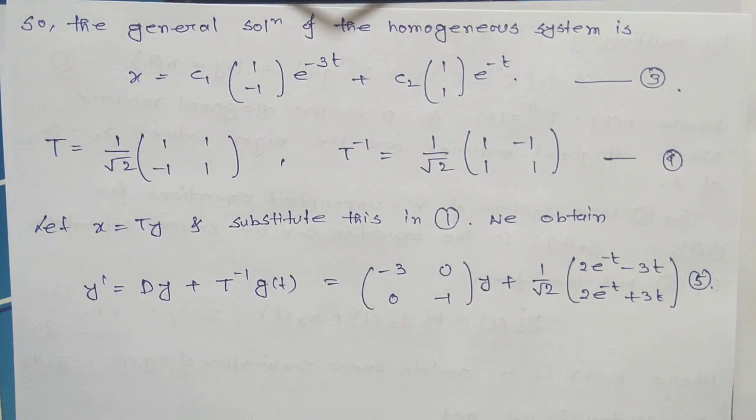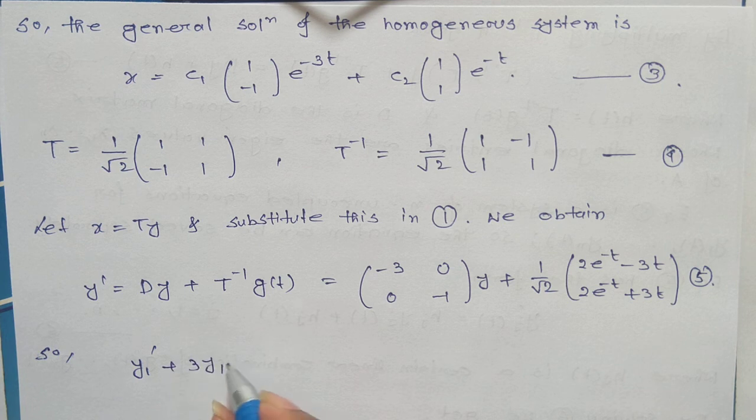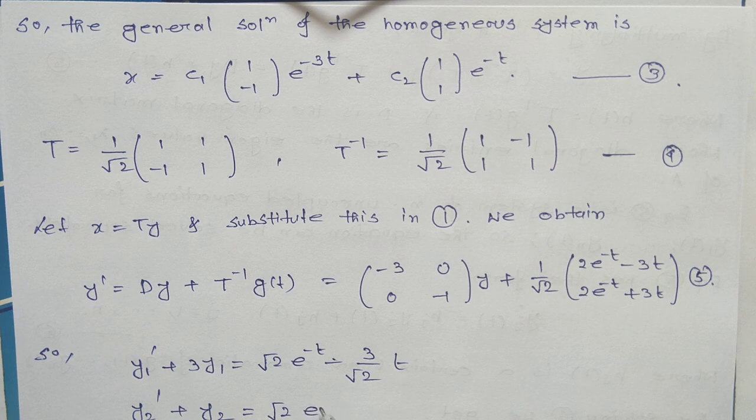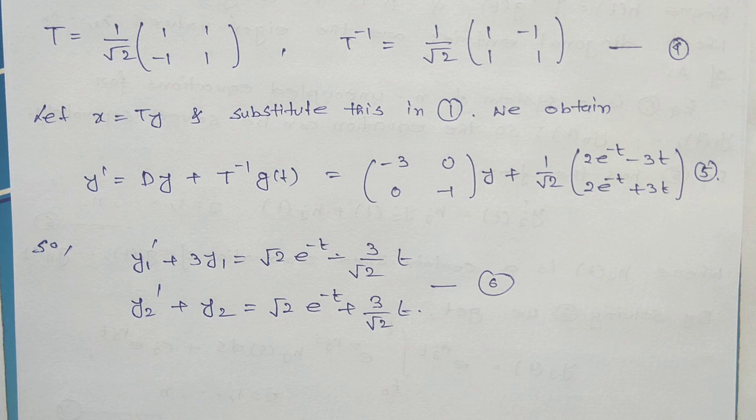So if we simplify this, we will get y1 dash plus 3y1 equals root 2 e to the power minus t minus 3 by root 2 t, and y2 dash plus y2 equals root 2 e to the power minus t plus 3 by root 2 t, and this is 6. So each equation is a first order linear equation.